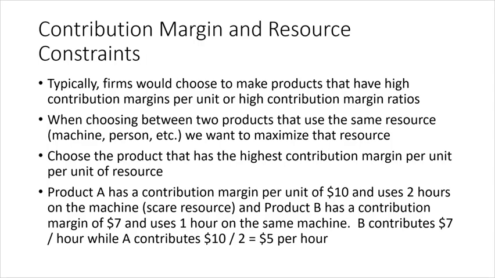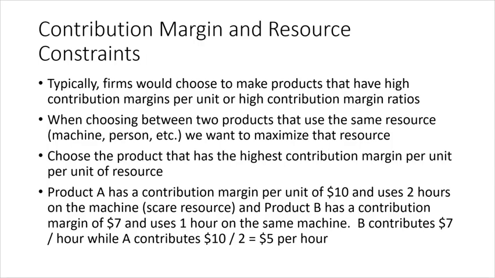Right? That seems logical. If one product makes you $4 and the other makes you $5, you would prefer the one that makes you $5. And we're talking about contribution margin per unit, sales price minus variable costs.